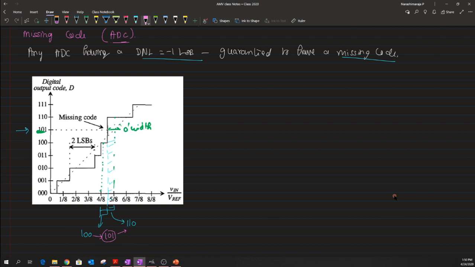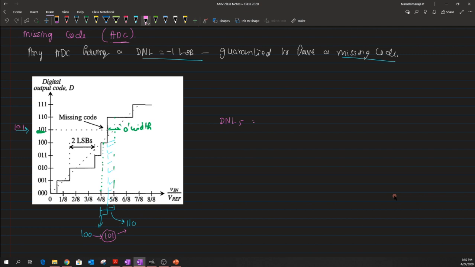In this case, one could evaluate the value of DNL at 5, which means we are trying to compute the value of DNL when the digital output is set to 101. We know that the DNL for an ADC is calculated based on the width.